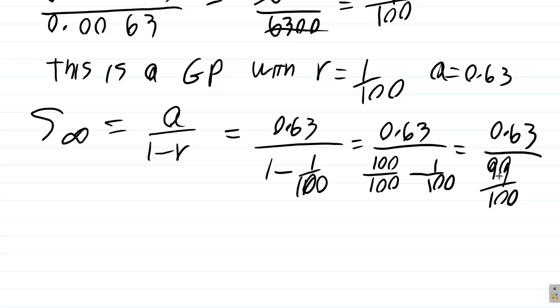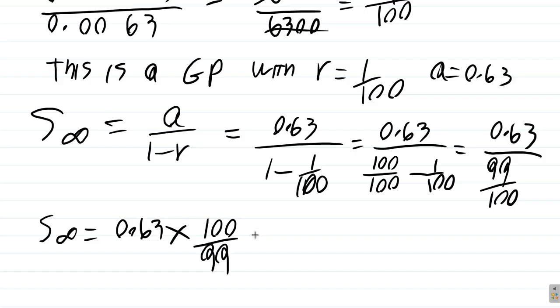Alright. Now, the sum to infinity is therefore 0.63 multiplied by, you remember your fractions now, when you have a number over a fraction, it's the same as the number times the reciprocal of the fraction, which is 100 over 99.